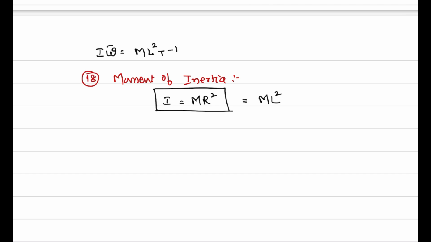Don't get confused between moment of force and torque. Please, both have the same units. Torque and moment of force, both are the same. Some books omit moment of force and take torque directly. Some books take moment of force. It is up to you.